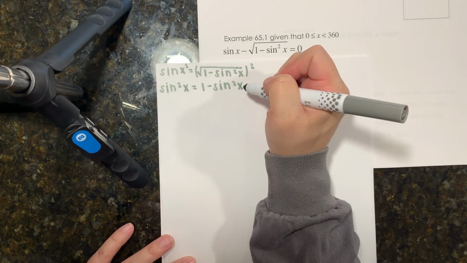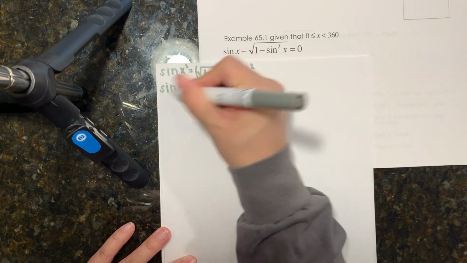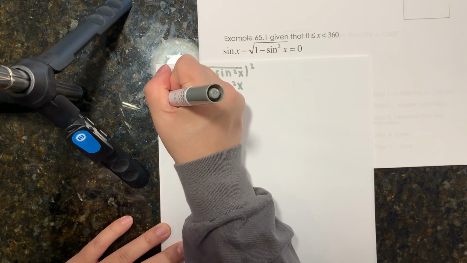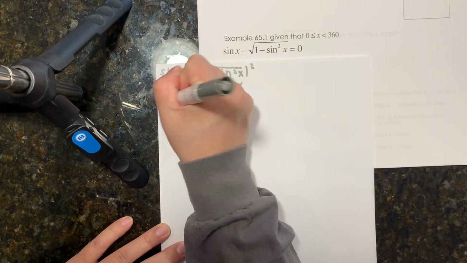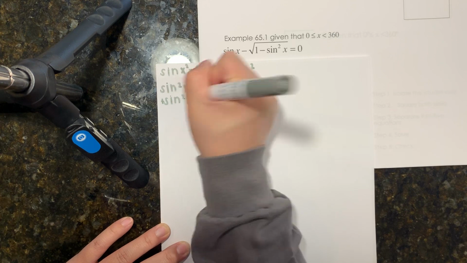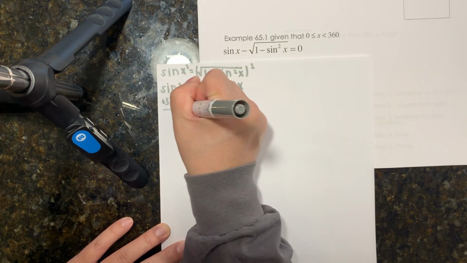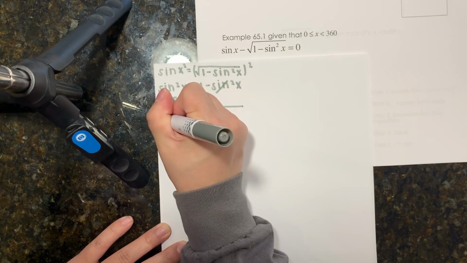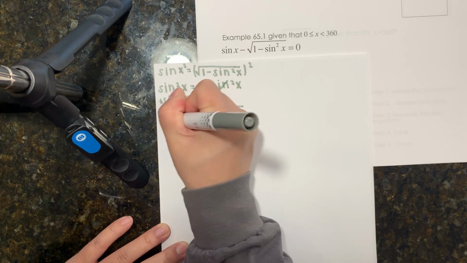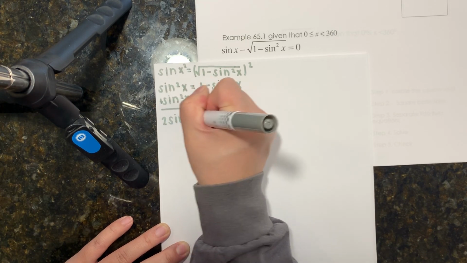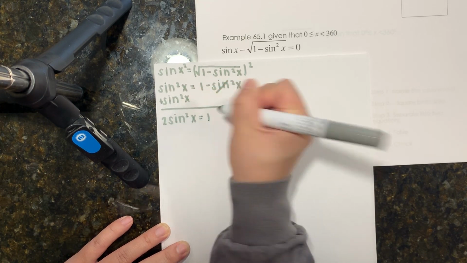Now I have to simplify my equation, so I'm going to move the sine squared x to the other side by adding it. When you add two sine squareds together, you add the coefficients, so you get 2 sine squared x is equal to 1.